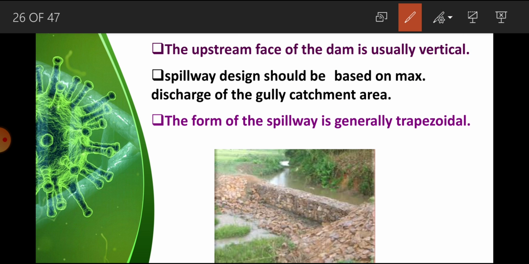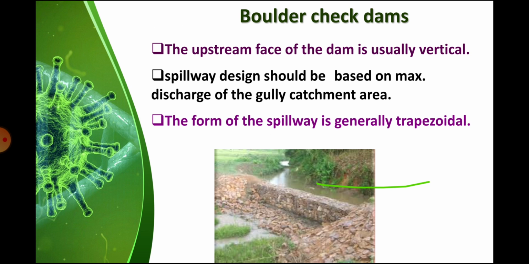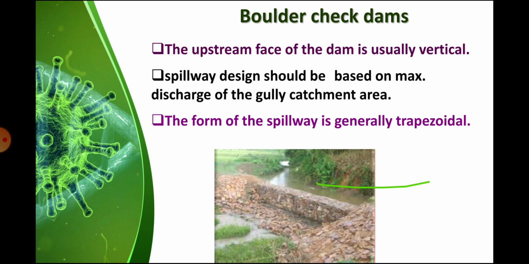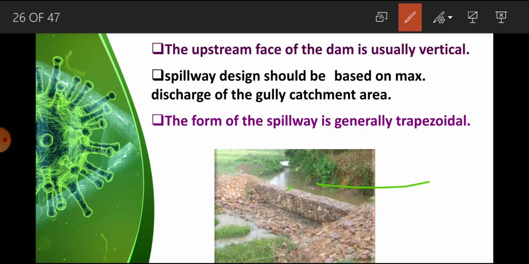Again, the spillway could be in trapezoidal shape or rectangular shape. The thickness of the dam could vary, about 1 meter, and the upstream face of the dam is usually vertical.